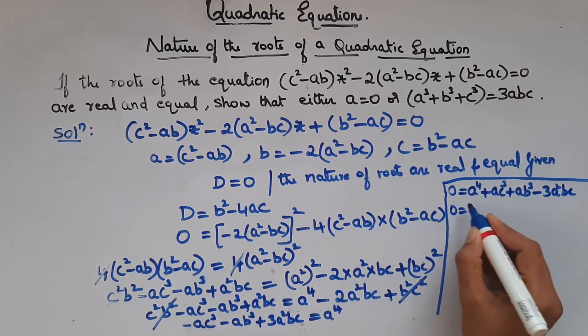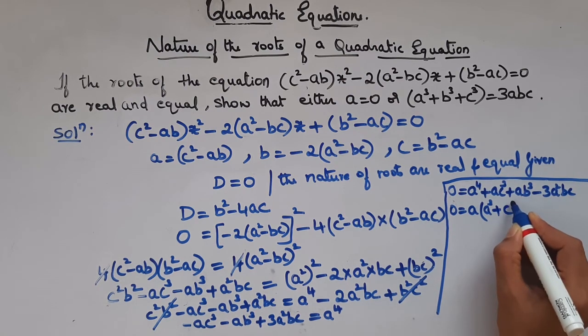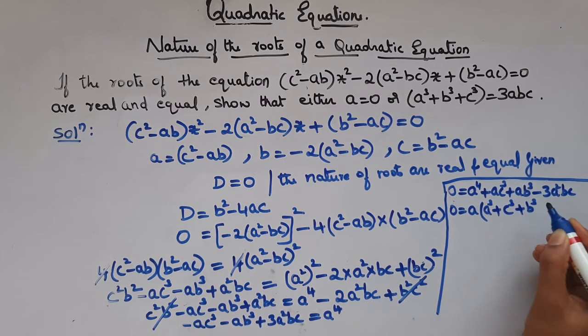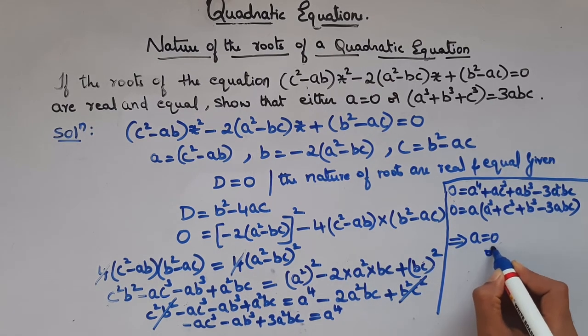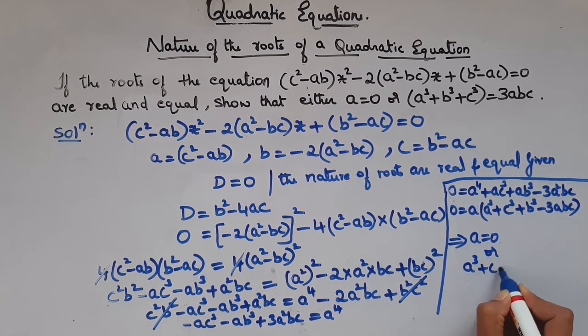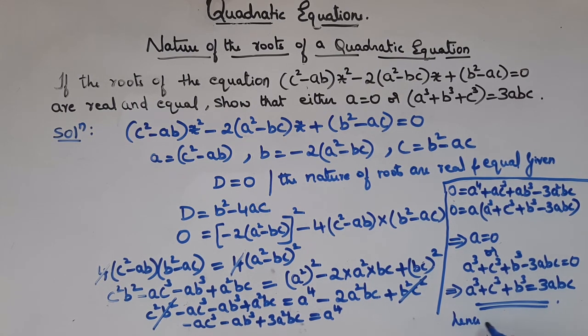So 0 is equal to, a is common, so we are left with a cube plus c cube plus b cube minus 3abc. 1a we have kept it outside, which implies a is equal to 0 or a cube plus c cube plus b cube minus 3abc equal to 0, which implies a cube plus c cube plus b cube is equal to 3abc. Hence the proof.